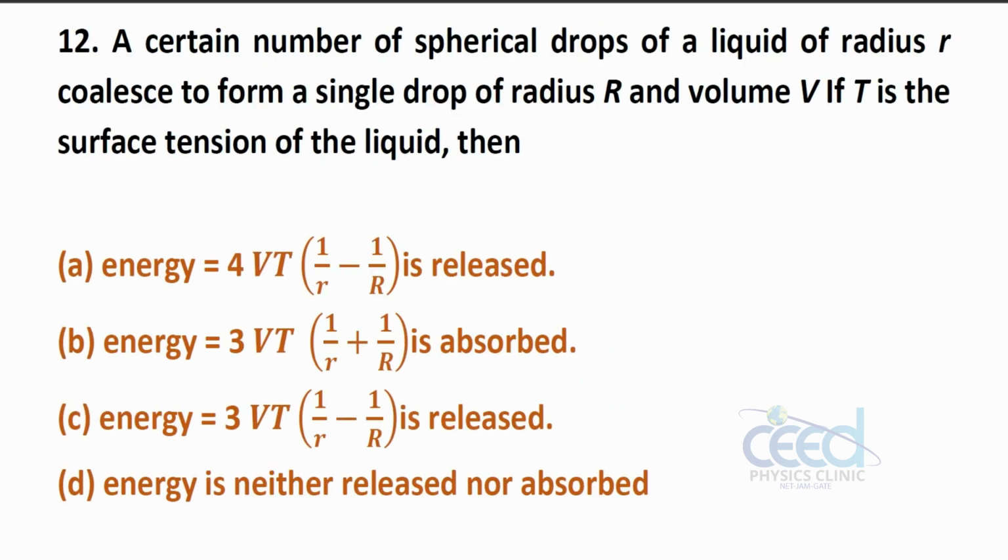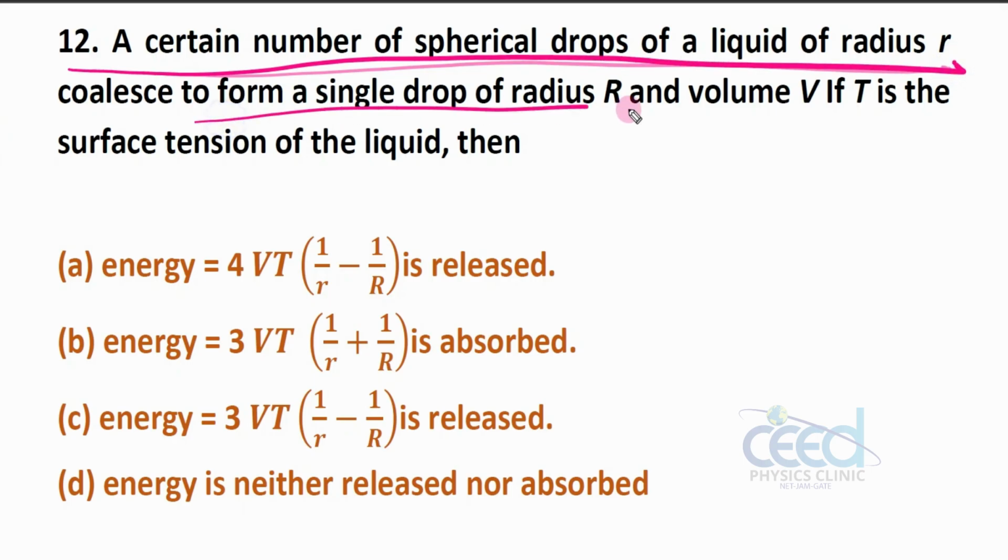Now we have another question here. A certain number of spherical drops of liquid of radius r coalesce to form a single drop of radius R with volume V, and T is the surface tension.